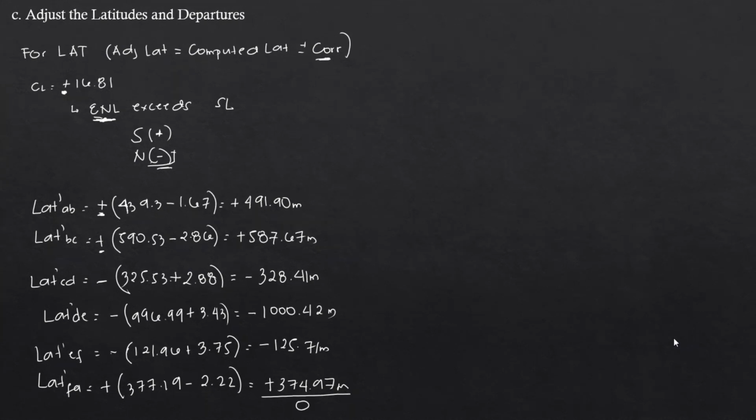Okay, so for departure, so meron tayong formula ng adjusted departure is equal to yung computed departure plus minus yung correction ulit. Okay.